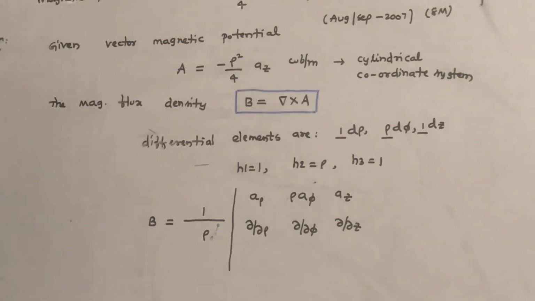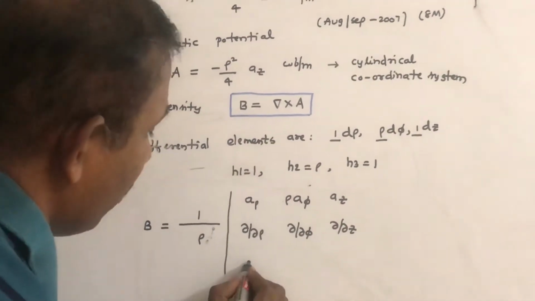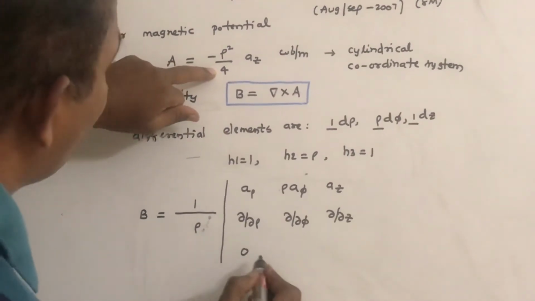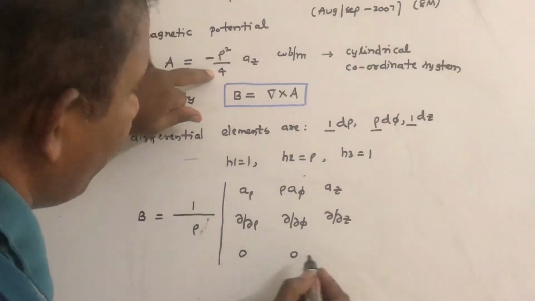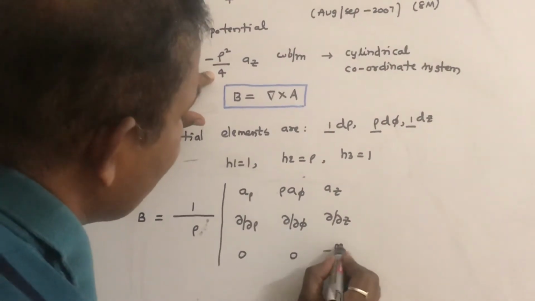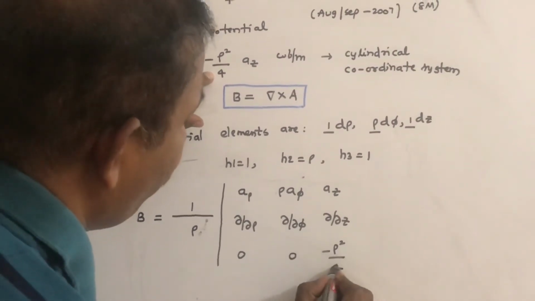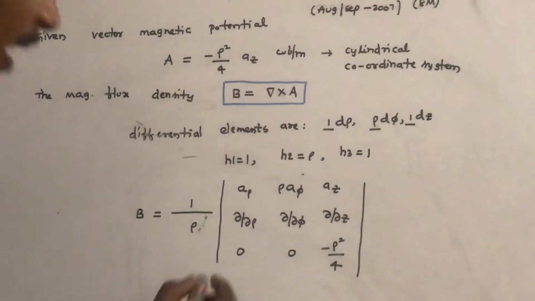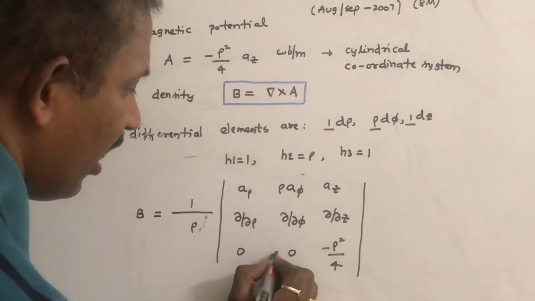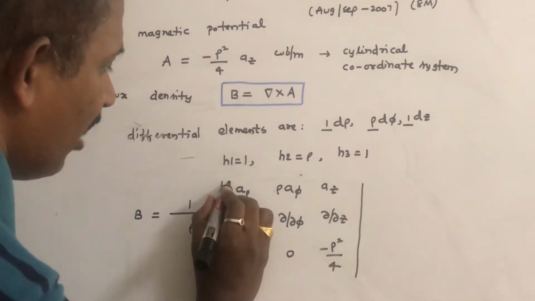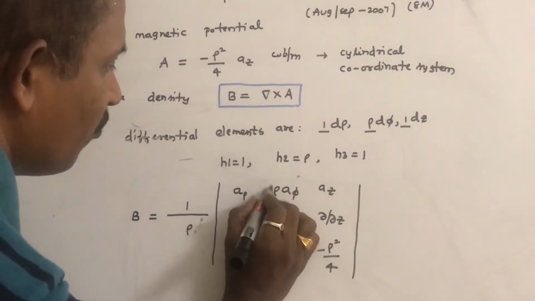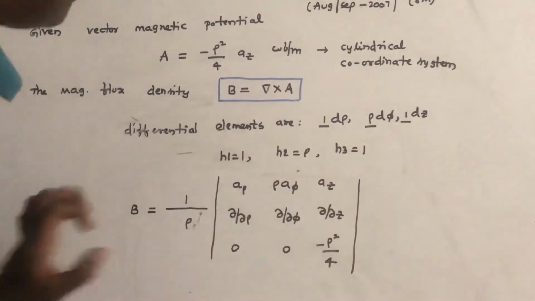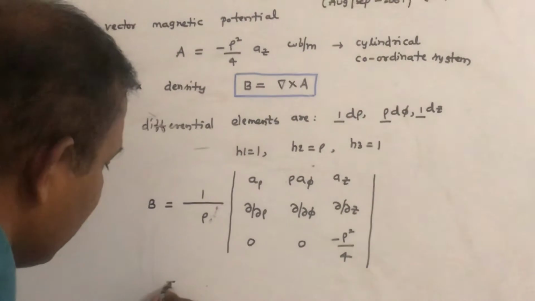In the last row, since only the az component is given, the a rho component is 0, the a phi component is 0, and az is minus rho square by 4. This is the general format to calculate this.